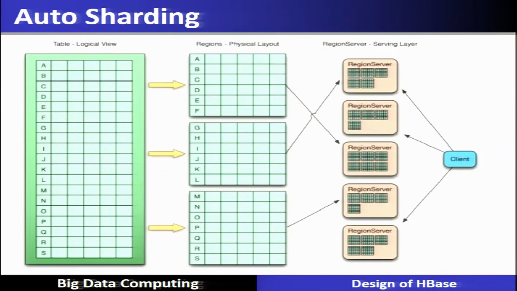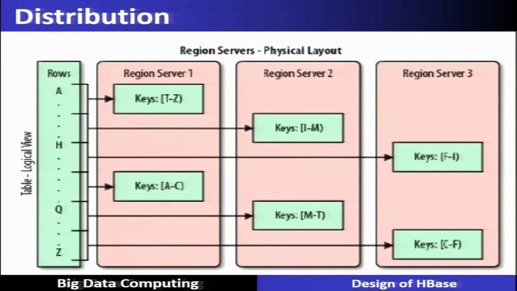Now, let us see how auto sharding is done. Auto sharding means the table is divided into row ranges or range keys, and they are stored in the region servers, and these region servers then serve the client.